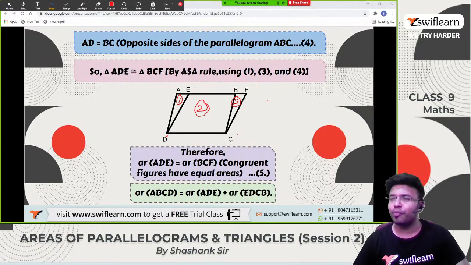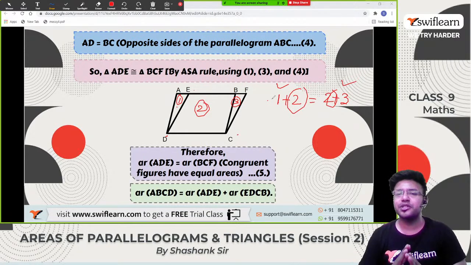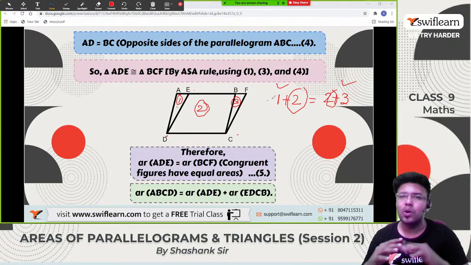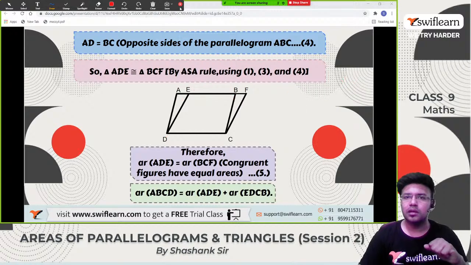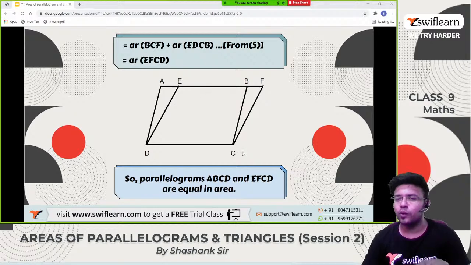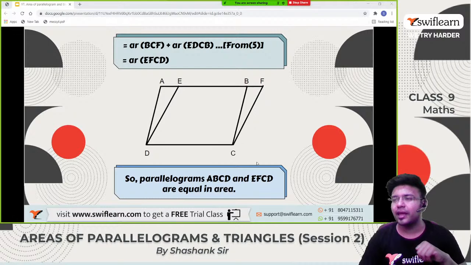Since we have proved these two triangles are equal in area, 1 plus 2 should be equal to 2 plus 3, because 1 and 3 are equal and 2 is common. Therefore, parallelograms on the same base and between the same parallels are equal in areas. This is what we have proved. So parallelograms ABCD and EFCD are equal in areas.